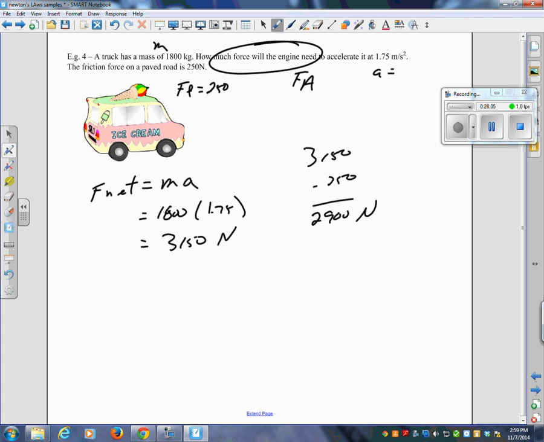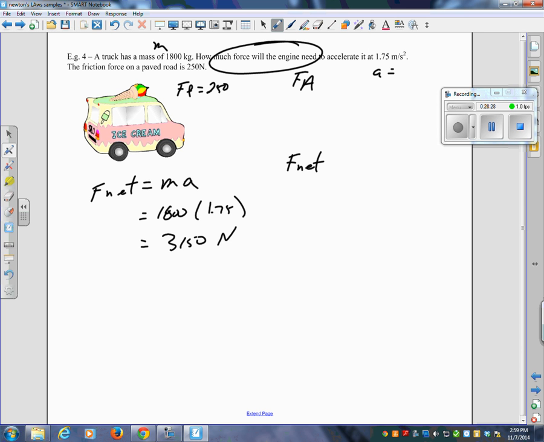Wait, I got 3,000 here, I thought that was 350. This is wrong, my friends. And I guarantee you, some of you that don't write formulas, that's what you wanted to do. This is what you must do.